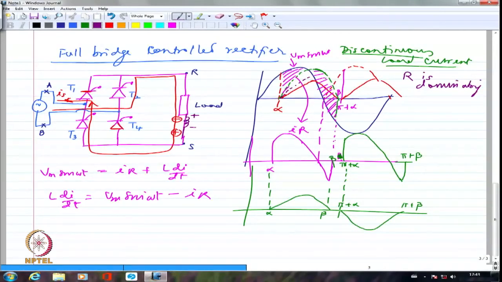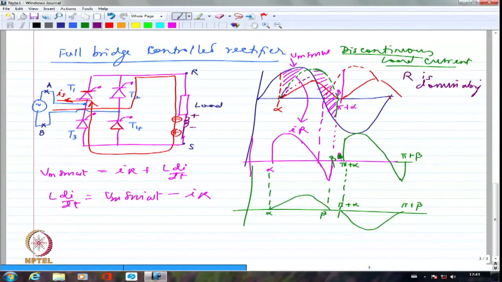This is the IR drop. In which case, much more energy gets saved in the inductance. If the IR drop is smaller, I will have the L di by dt component much larger.